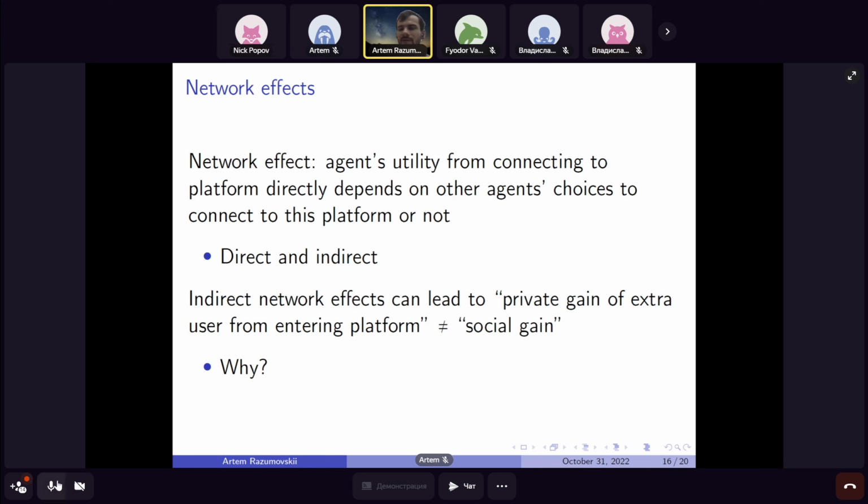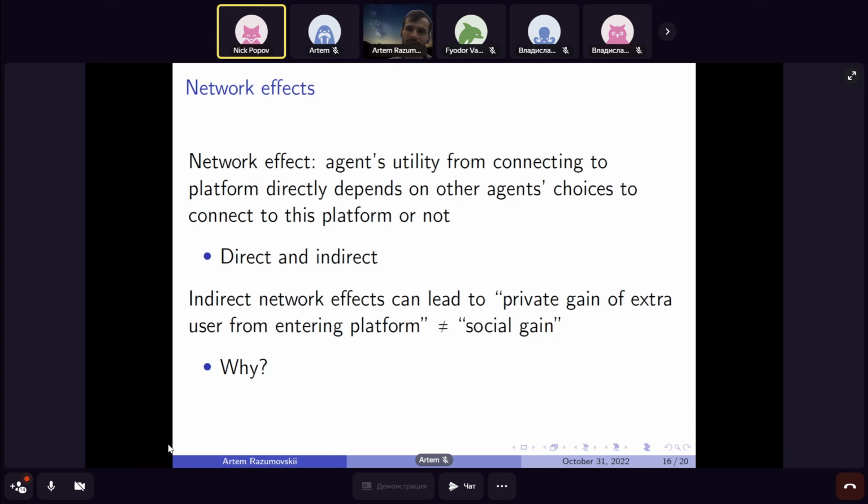Well, let me reformulate the question. If one agent joins the platform, could there be negative effects, effects that decrease someone's welfare? Probably not. That's not correct.